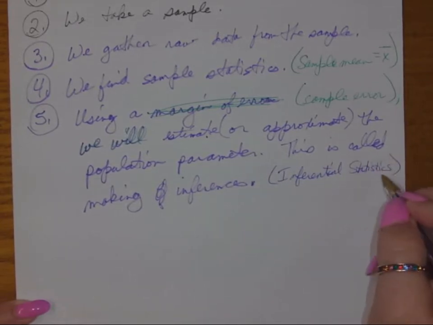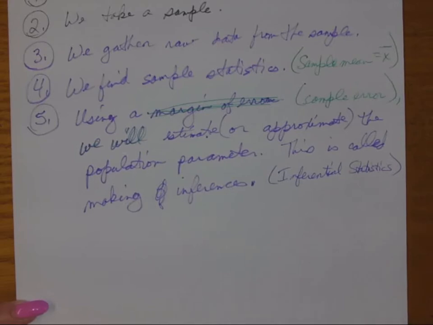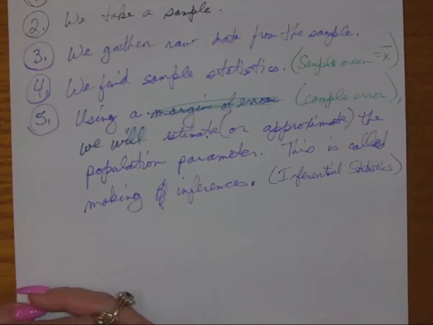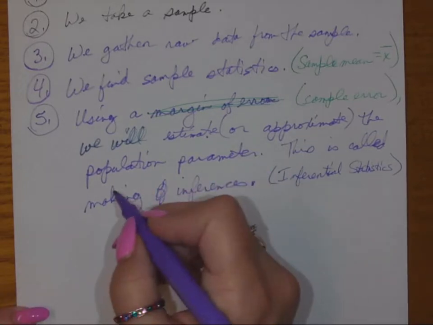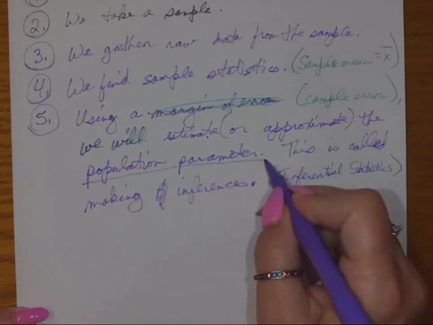Okay, there's a couple of different kinds of statistics you can do, and what we're talking about this semester has been inferential statistics, because we want to work off of primarily samples. We don't normally want to use the whole population, so we're going to find out something about the population parameter by estimating.